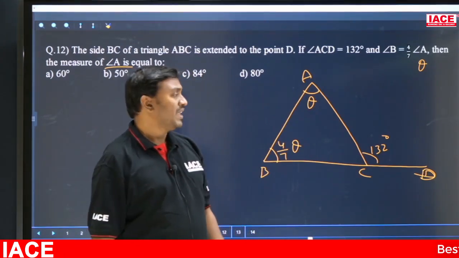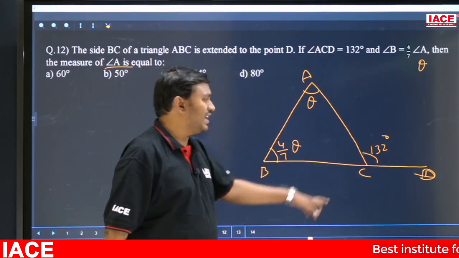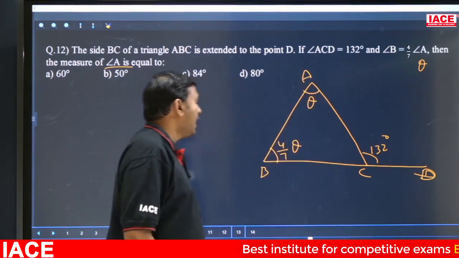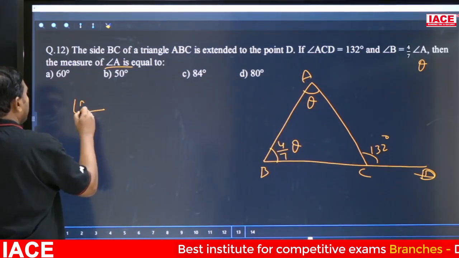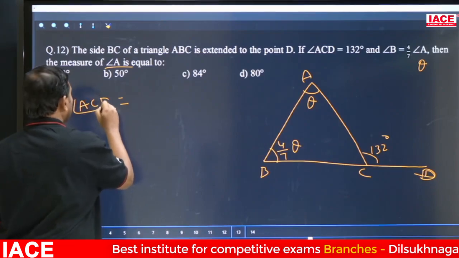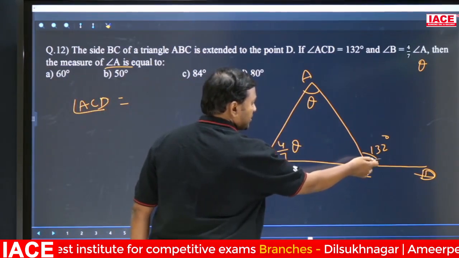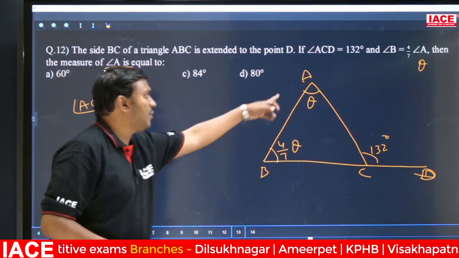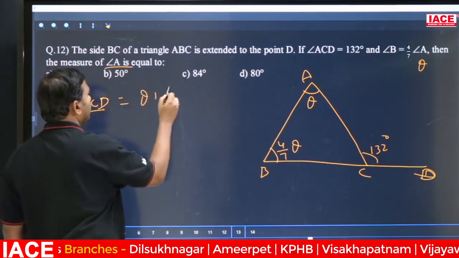The fourth point is the exterior angle is equal to the sum of the opposite interior angles, meaning angle ACD is equal to the exterior angle property of a triangle. What are the opposite interior angles? Theta and 4 by 7 theta.